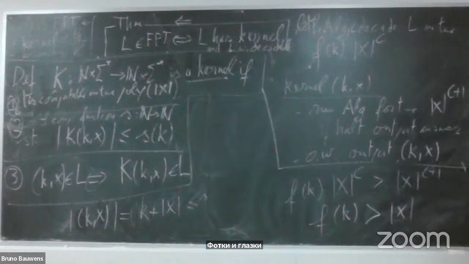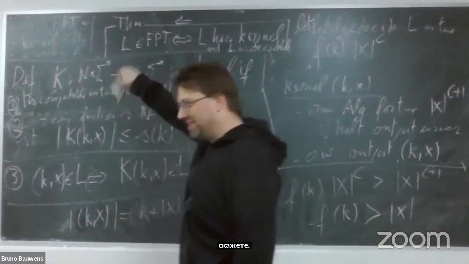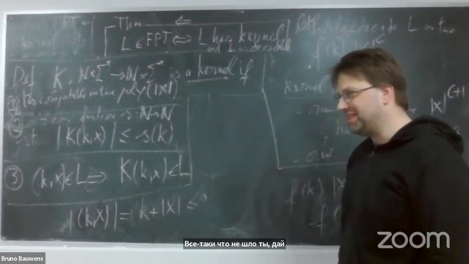Okay. Understood. So we are finished for today. This I will explain next lecture. It's not so much. I will start next lecture, and then we will have a better kernel with size 2k.